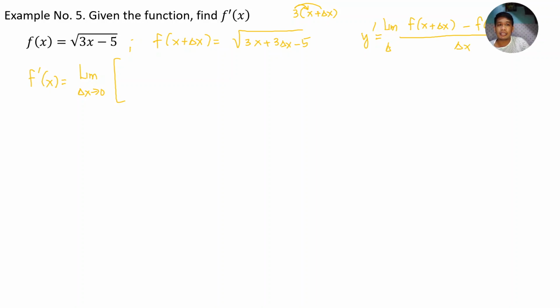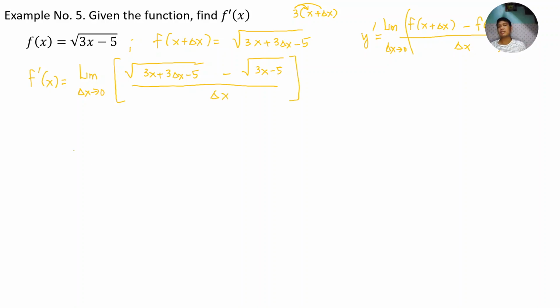Limit of that as delta x approaches 0. So that is square root of 3x plus 3 delta x minus 5 minus f of x, which is square root of 3x minus 5 all over delta x.